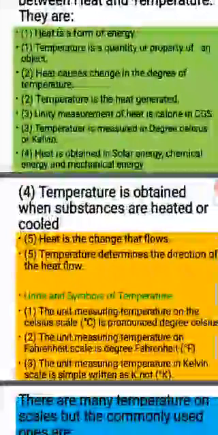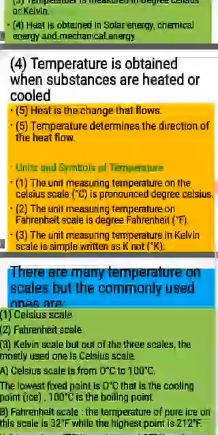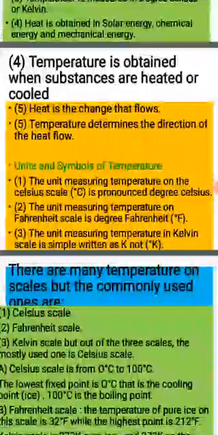Remember we said that the boiling point in Celsius is 100 degrees Celsius, while the cooling point is 0 degrees centigrade. Then in Fahrenheit, the cooling point is what? Okay, the cooling point is 32, while the highest point is 212.